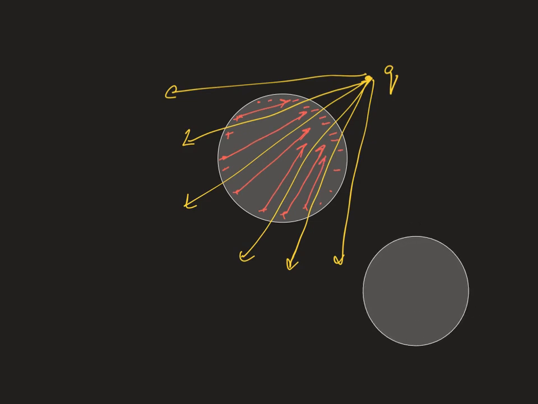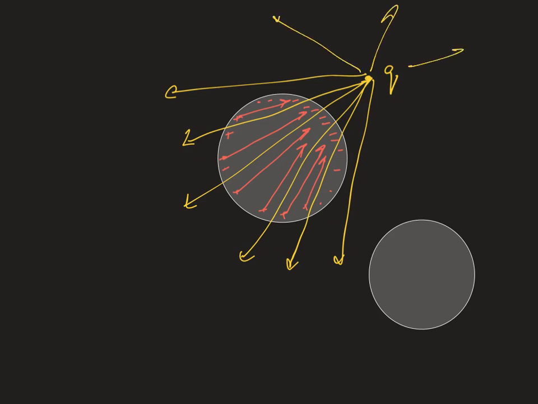How is this conductor going to behave? We have a charge outside, and that outside charge is spreading out fields in all directions. And when I say all directions, I really mean all directions. I haven't drawn them, but you can assume the charge is emitting field in all directions. But we are interested in the field lines that pass through the conductor.